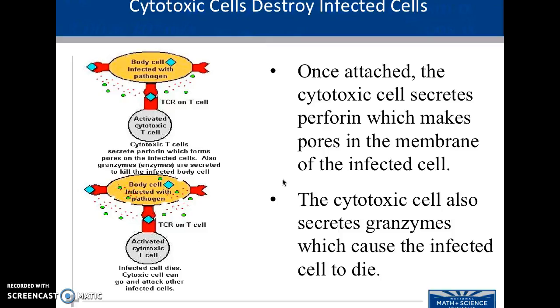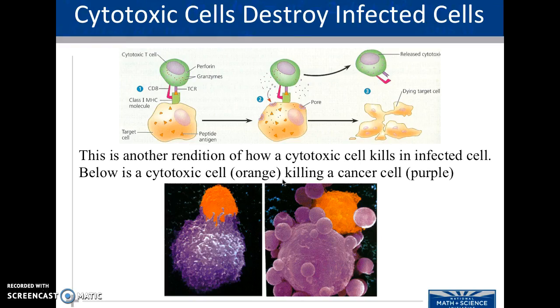Once attached, my cytotoxic T cells secrete something called perforin, and that's important. Perforin makes pores in the membrane of the infected cell, and the cytotoxic cell also secretes granzymes, which cause the infected cell to die. So there are two different enzymes which are secreted by the cytotoxic T cells and cause the infected cell to die.